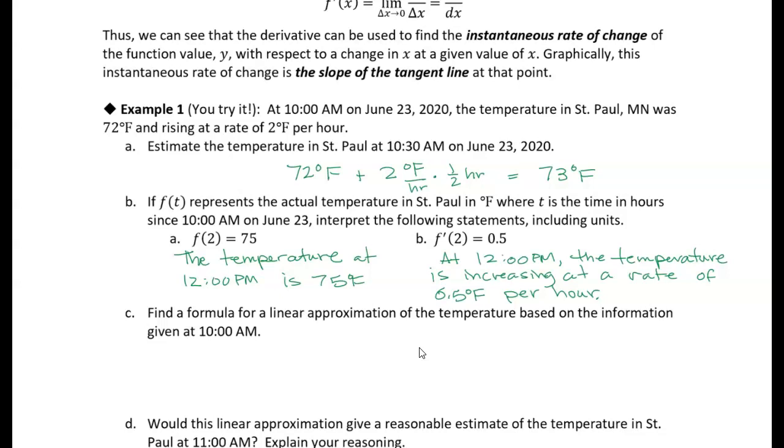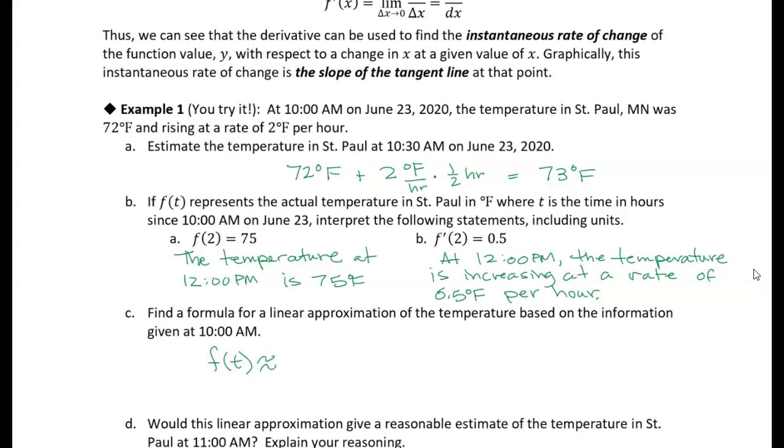All right, so the next question is asking us to find a formula for a linear approximation of the temperature based on the information given at 10 a.m. Okay, so we just want to turn what we did in part A into a function. So we're going to approximate the function for t.